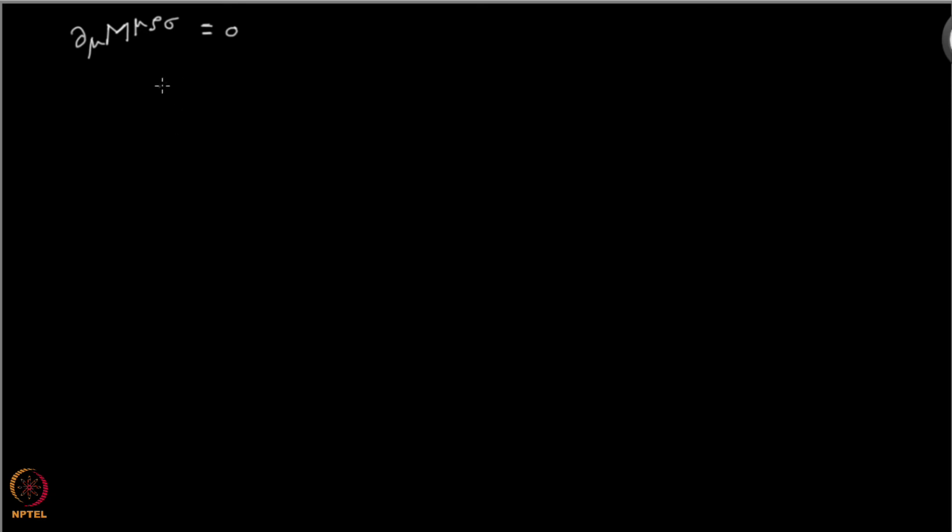So when I go from current to the charge, I have to look at J0 integral d cube x. Remember that? So what I should do is take this M and put the first index to 0 and integrate over space.